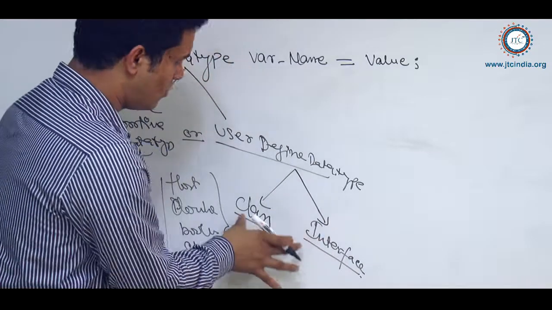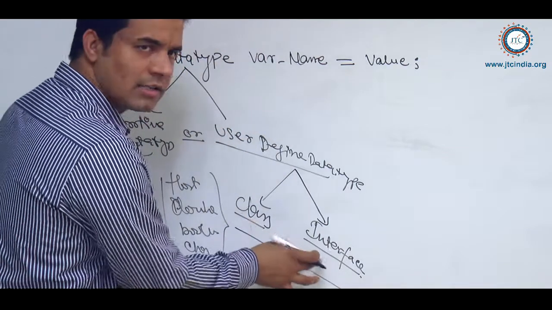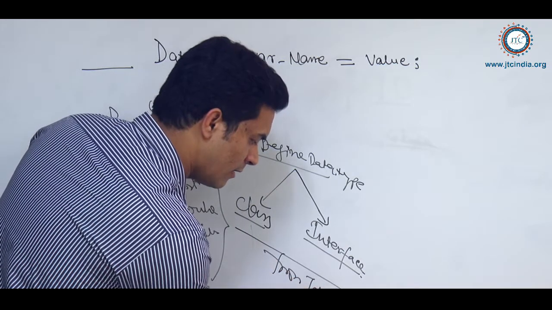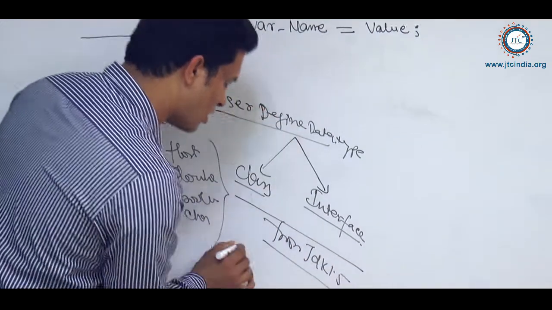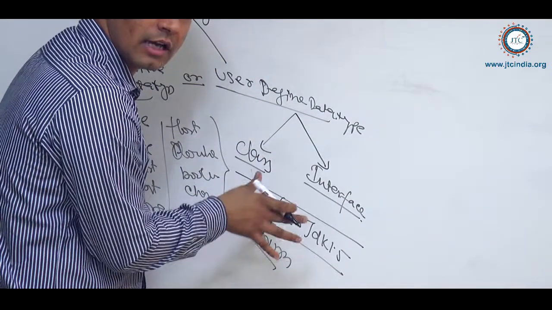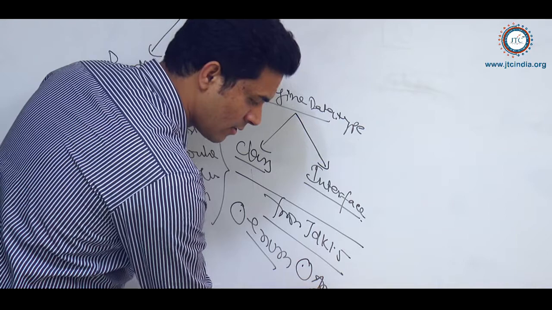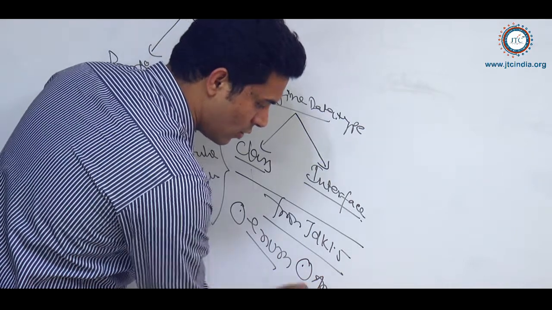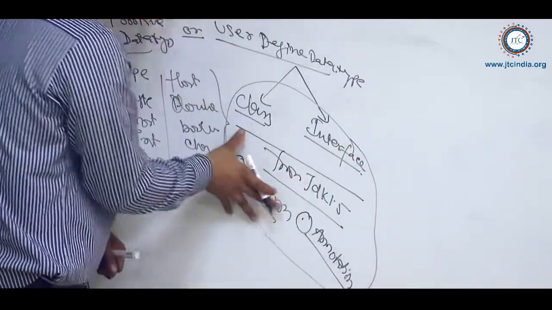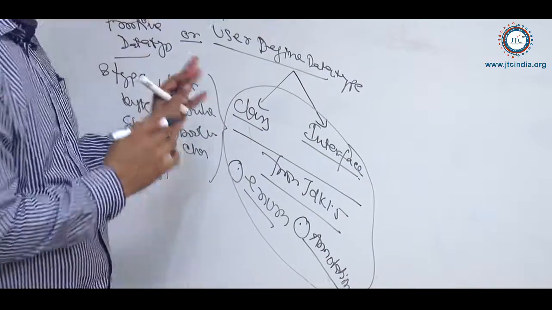Then from JDK 1.5 we got 2 more: one is enum, and the second is annotation. We will discuss all these later, when the corresponding subsequent topics come. Now I am talking about the primitive data types.